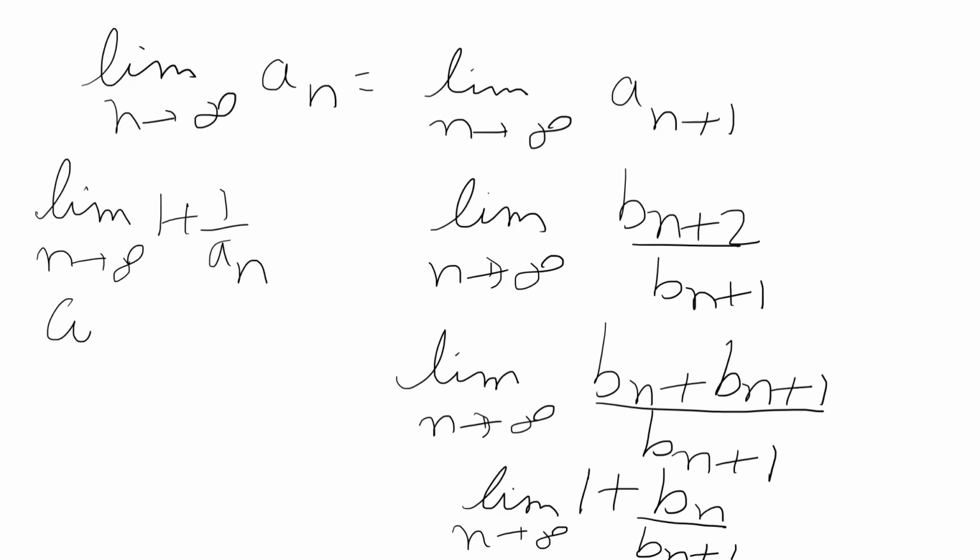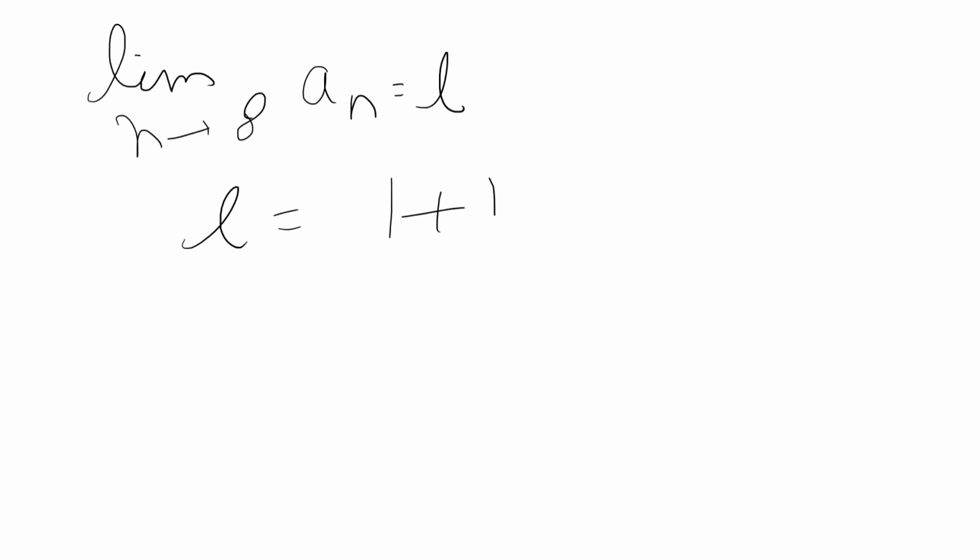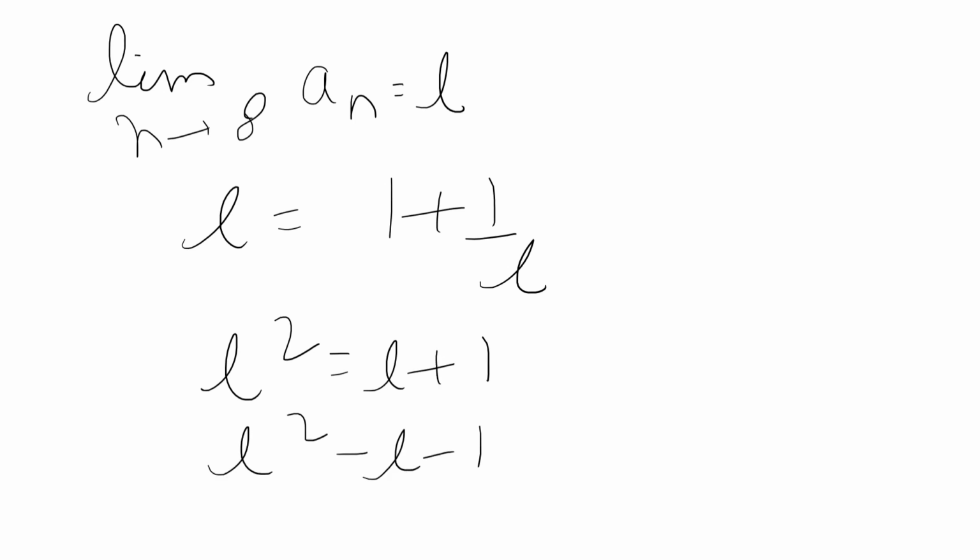Consider the limit as n tends to infinity of an is equal to L. On considering the limit as n tends to infinity of an is equal to L, we get L is equal to 1 plus 1 by L. L square is equal to L plus 1, so L square minus L minus 1 is equal to 0.